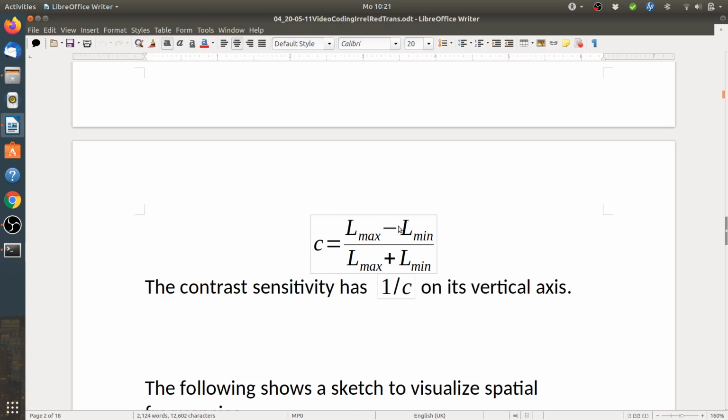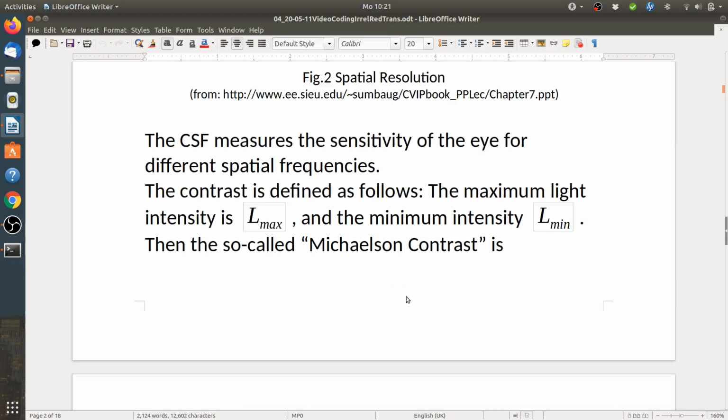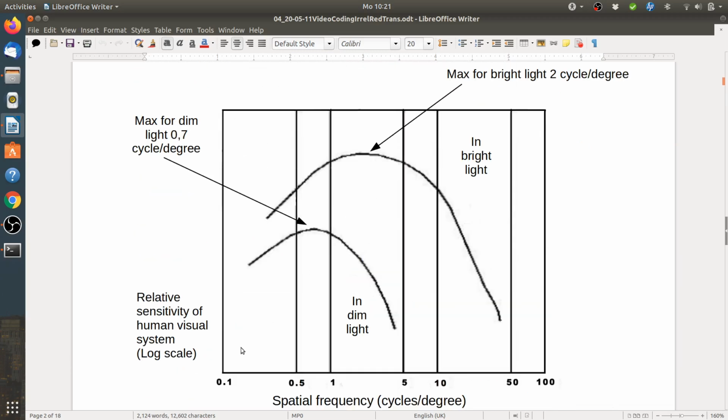So it's a normalized difference. And this contrast sensitivity has 1 over C on the vertical axis.